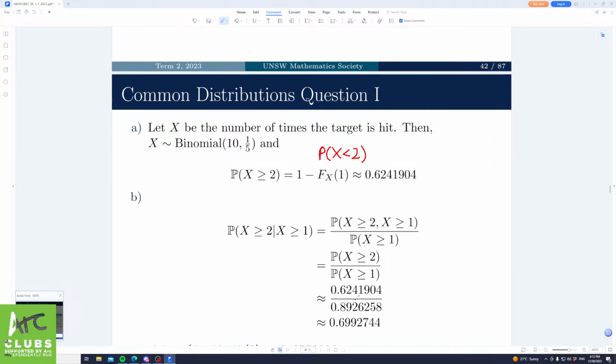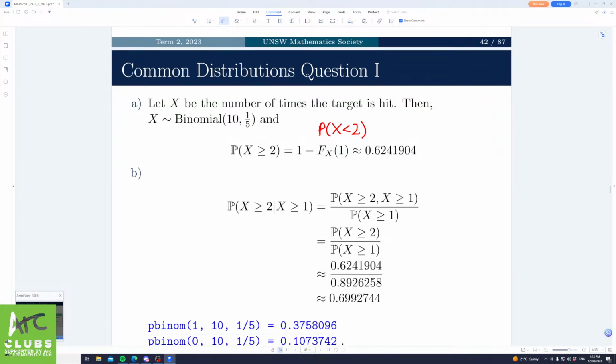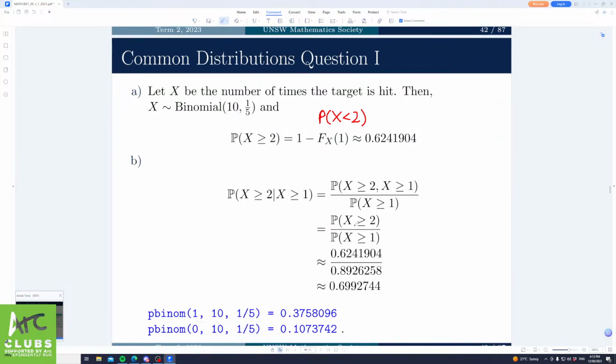In an exam, maybe not for this question, because this question is pretty simple to calculate using a calculator, it'll provide commands, and looking at this first command, the probability that it's less than or equal to 1 for a binomial distribution with 10 trials and probability of 1/5 is 0.3758, and so on. So we can sub that into our F of 1.